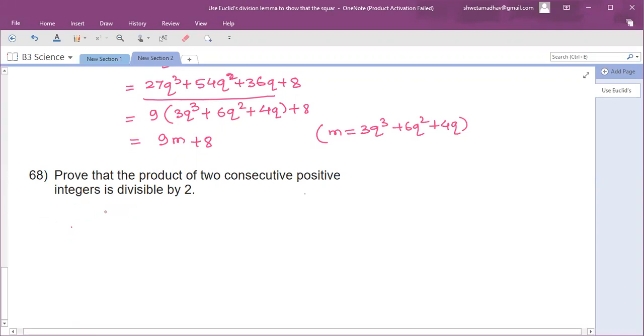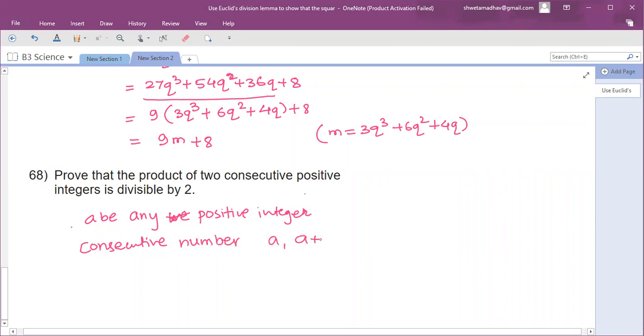So now suppose A is any positive integer. If A is one of the numbers, then its consecutive number will be A plus 1. So A and A plus 1 are the consecutive numbers.